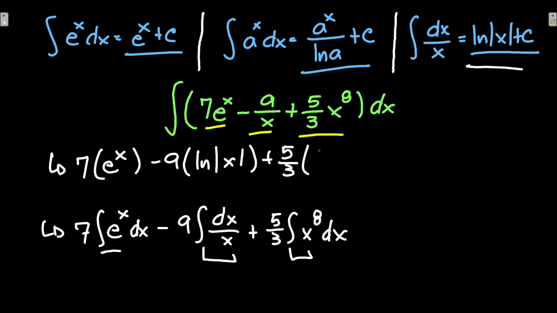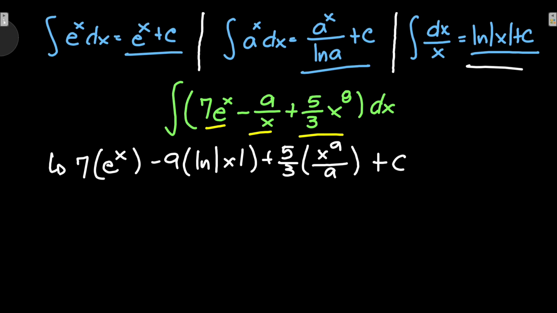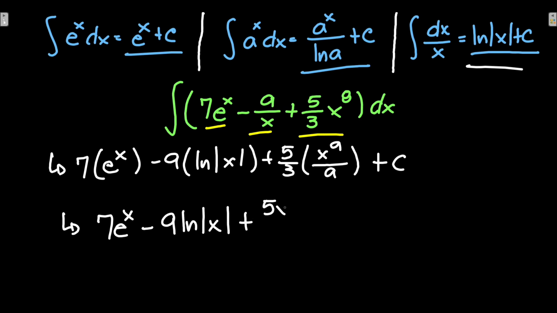This is the power rule, which is x to the power of 9 over 9 plus c. And so simplifying all of this, your final answer would be 7e to the power of x minus 9 natural log of absolute value of x plus 5x to the power of 9 over 3 multiplied by 9, which would be 27, plus c.